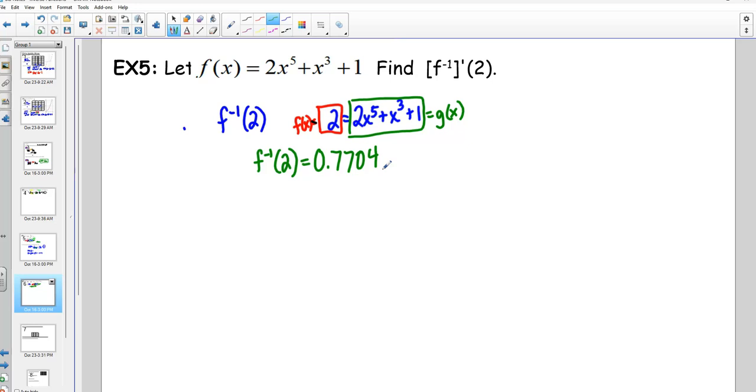Okay, that's just a piece of it. Find the actual inverse. Now I'm going to freeze my screen. Yes, because you're going to have to multiply something by 0.7704, but you don't have to drag out your computers. If you get to that point, I'll give you the answer in a second.